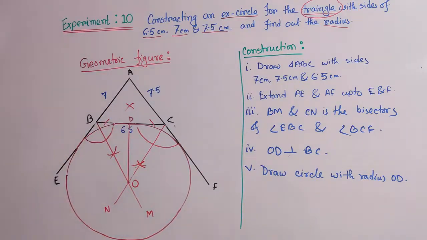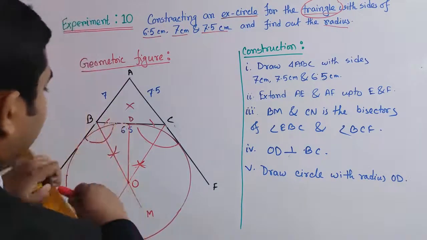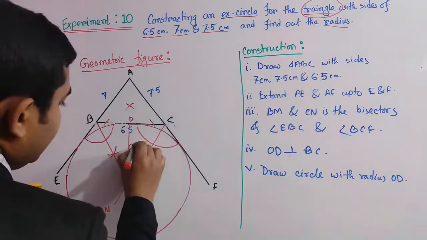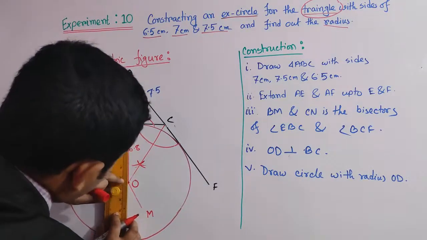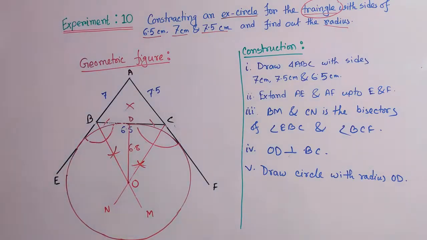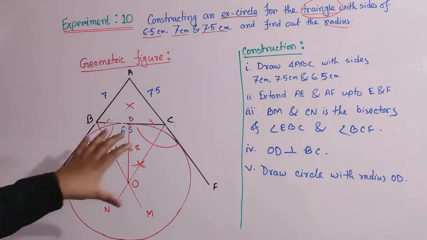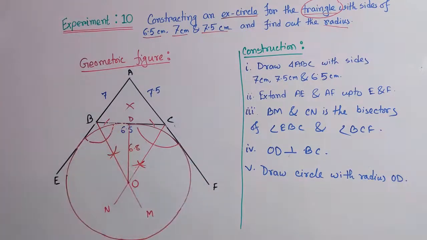If we measure it by the ruler, then we'll get approximately 6.8. Here we have got 6.8. If you measure by your ruler, you will again get 6.8. So this is actually our result.